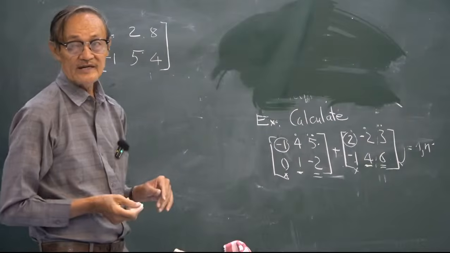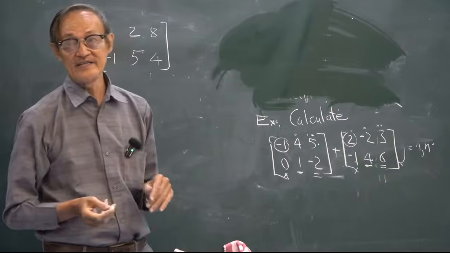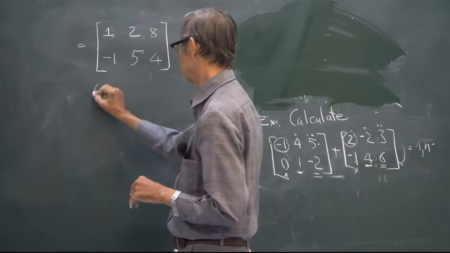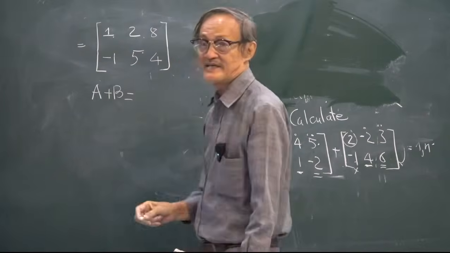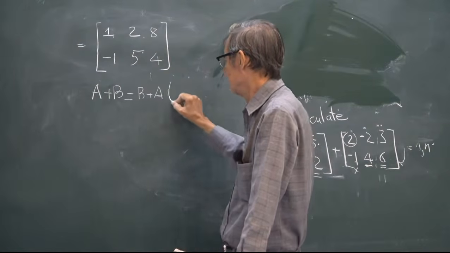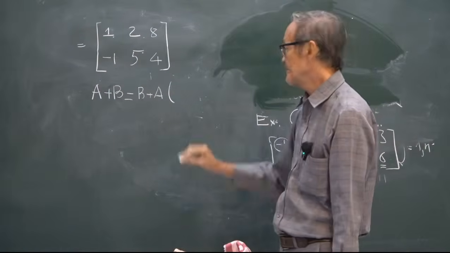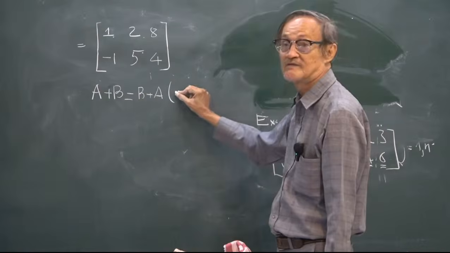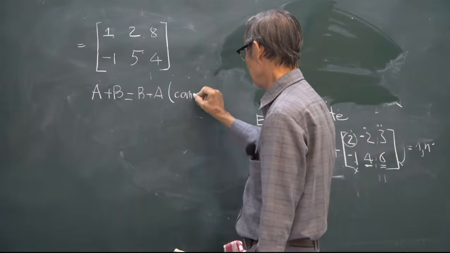Now we study the properties of addition of two matrices. A plus B equals B plus A. This law is called the commutative law.